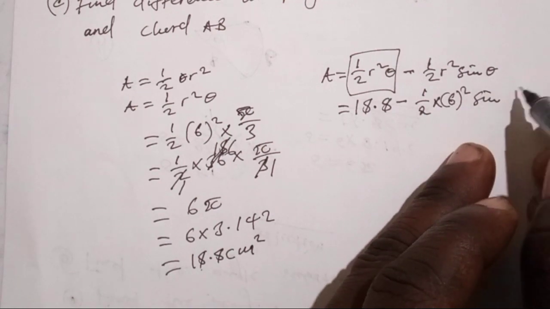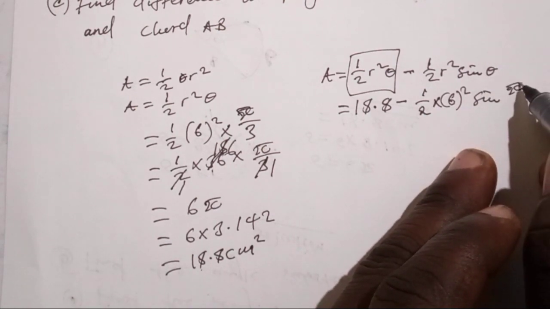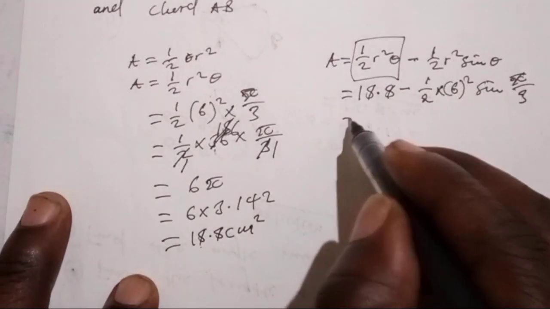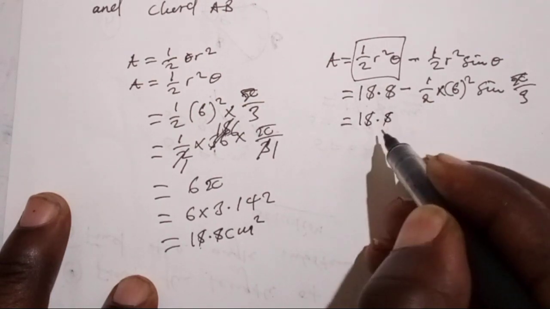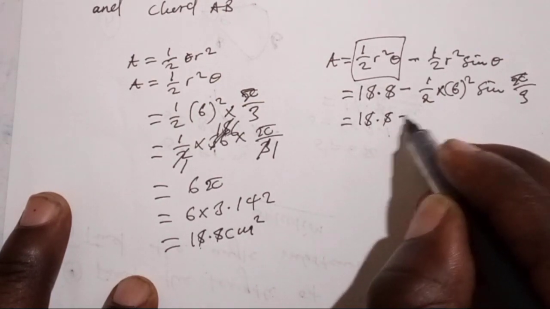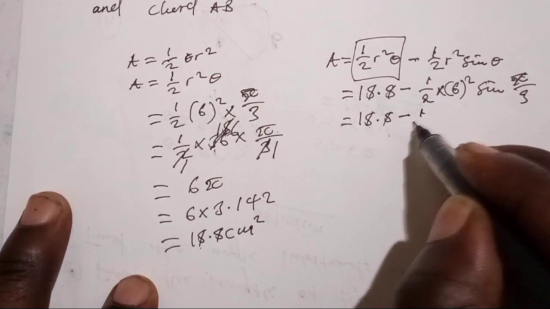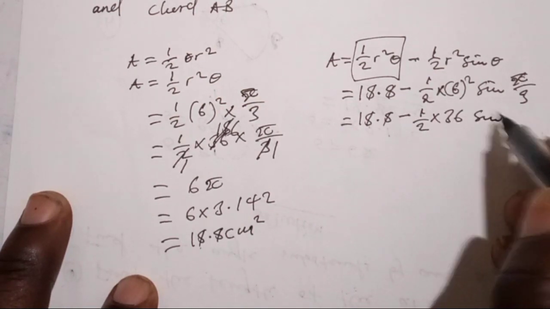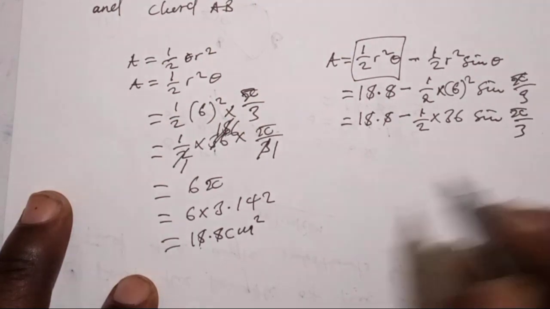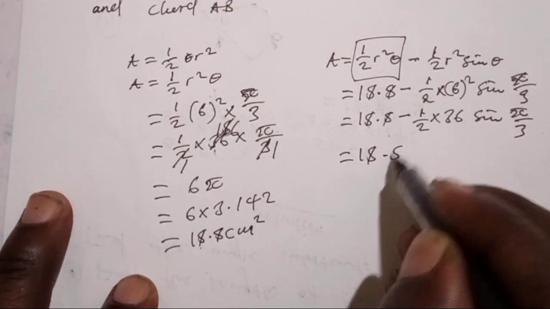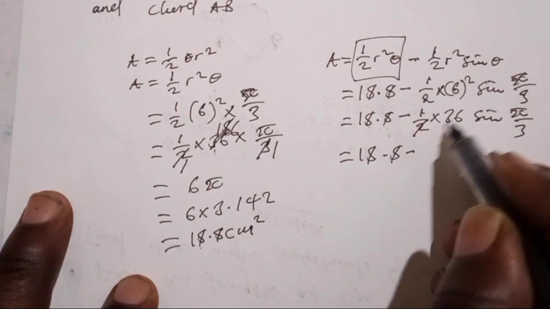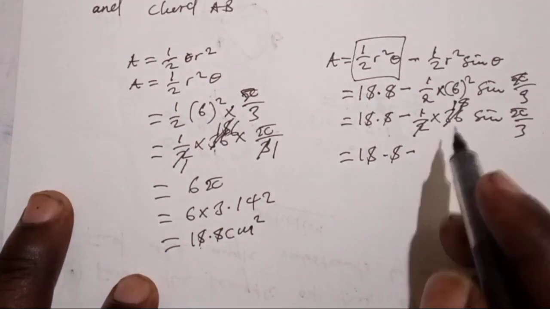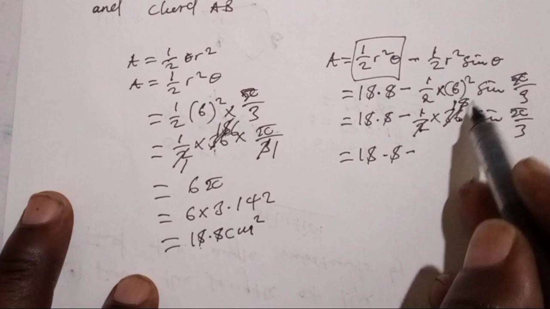Here at theta we have pi over 3, in which 18.8 minus half of 36, which is 18.8 minus half into 36. We are going to have 18. 2 into 2, which is 1, 2 into 36, which is 18.